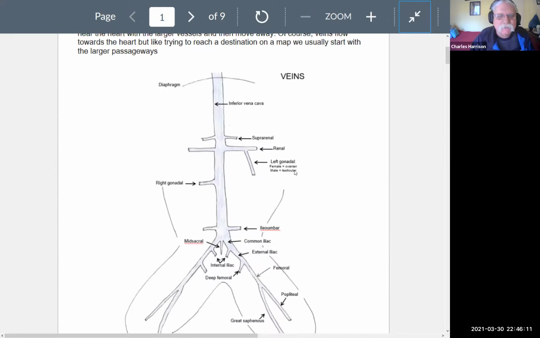So here are the veins that are below the diaphragm. The diaphragm is right here. We expect the inferior vena cava to be down here. And I want to go from there all the way down to here to make it easy.